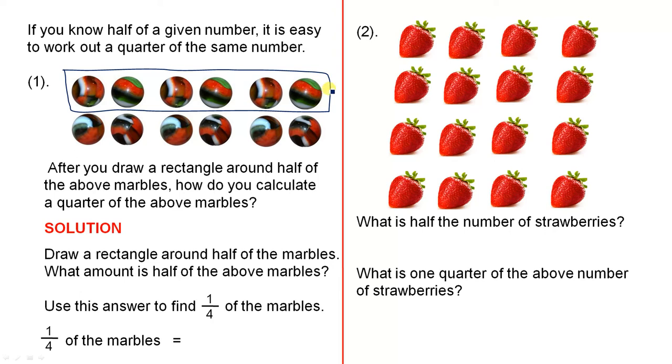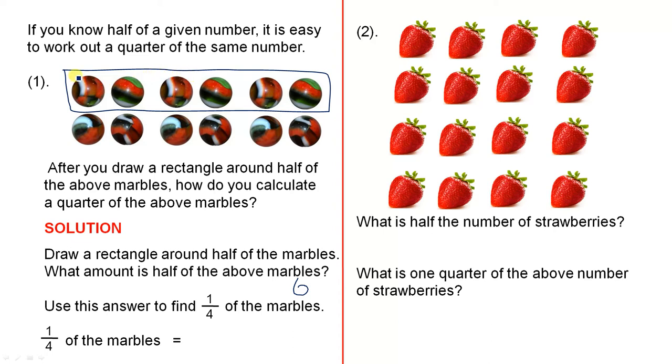So what amount is half of the above marbles? Well, it must be 6. So to answer this question here, half of the above marbles must be 6. Use this answer to find a quarter of the marbles. Okay, now what we do, it's very, very simple.